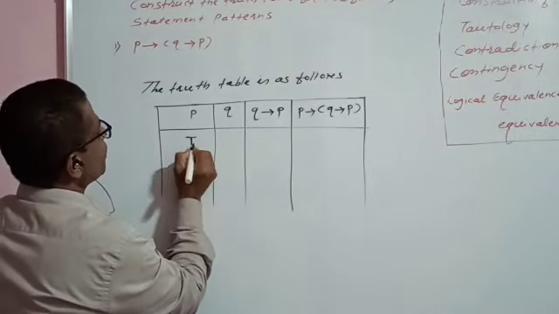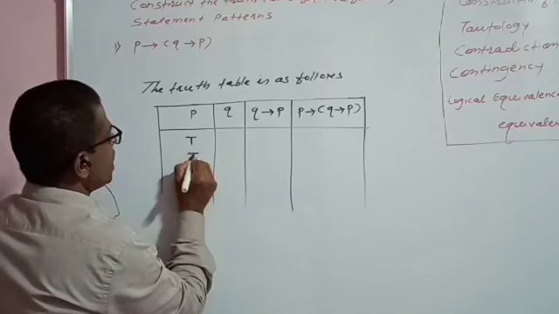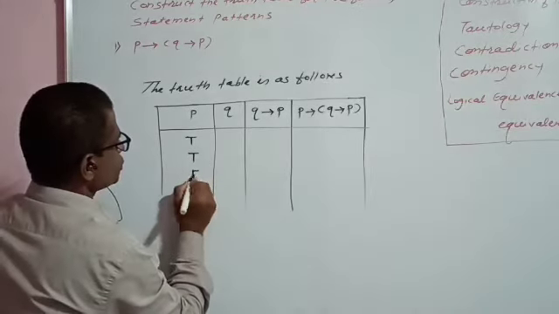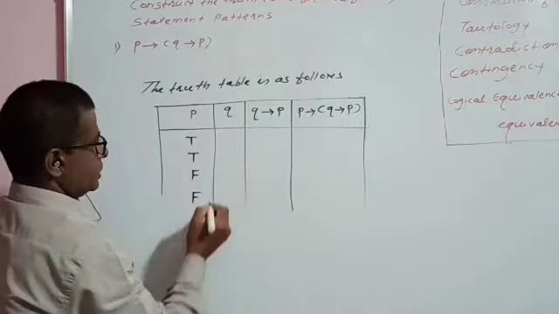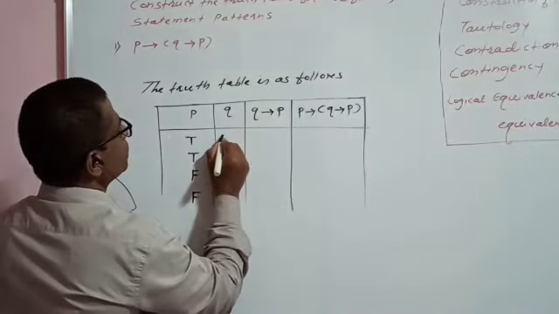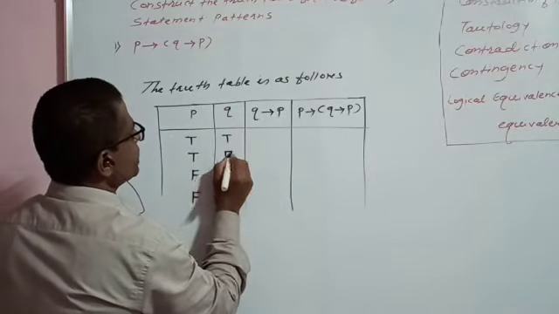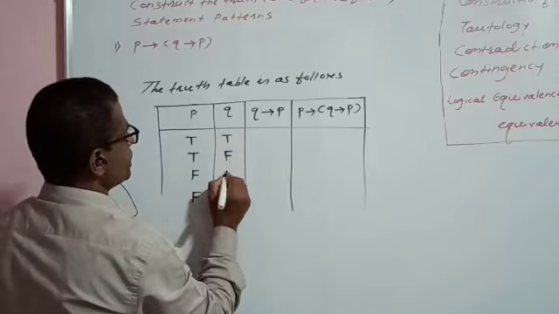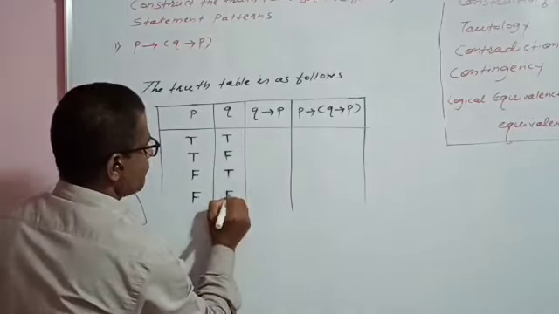Say for P, first two are true, next two are false. For the statement Q, T, F alternately: T, F, T, F.